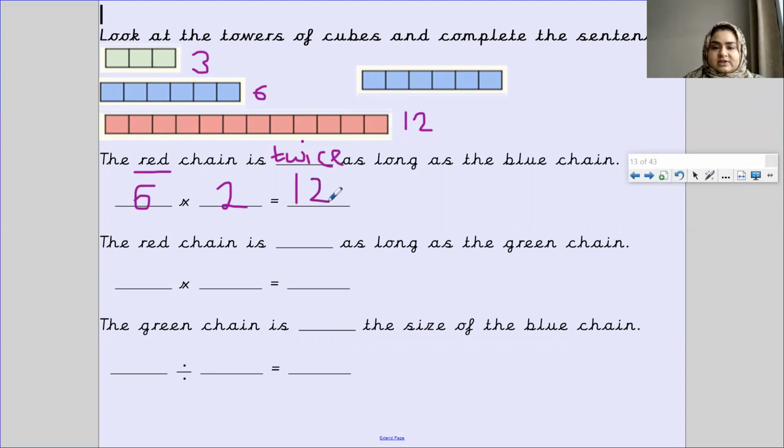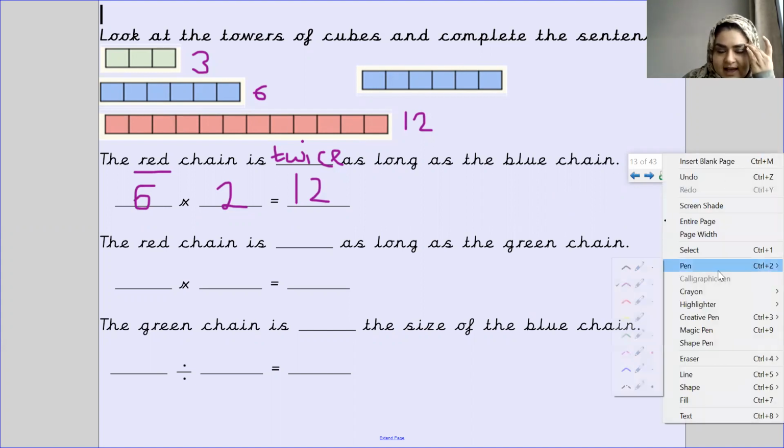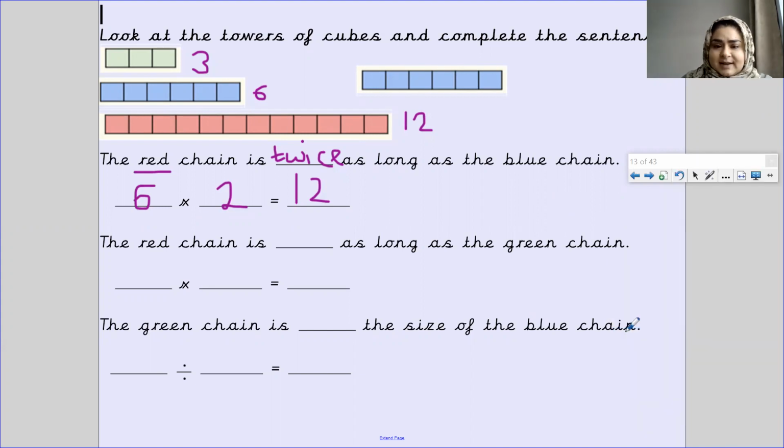Now, can you pause the screen and work out the next 2 questions on your whiteboard? Fantastic. Okay, so well done. Now, let's work out the next one. It says the red chain is something as long as the green chain.